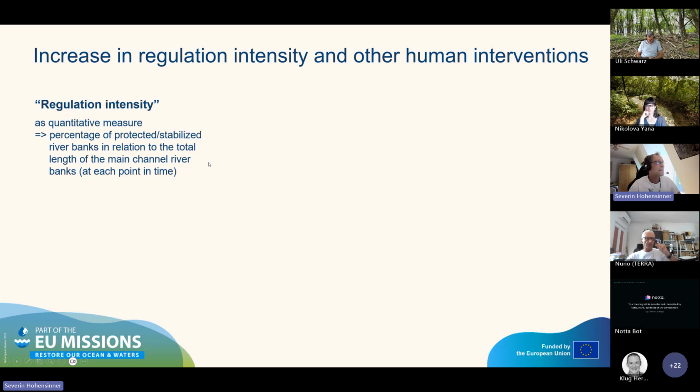Yeah, finally, we also want to quantify the human interventions. The easiest way is the regulation intensity, which is very simple, the percentage of protected or stabilized riverbanks in relation to the total length of the main channel riverbanks at each point in time.